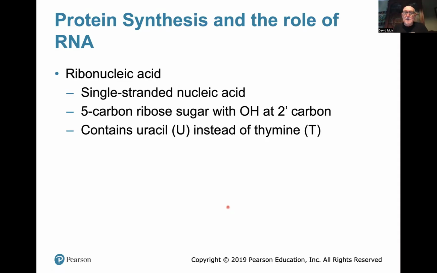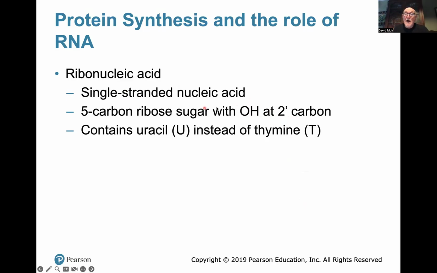The second thing is that if you look at the carbons that make up the sugar, that is a ribose sugar in RNA. That is, it has an OH group, a hydroxyl group, at the 2' carbon, where DNA has an H. It is deoxygenated, it's deoxyribose.